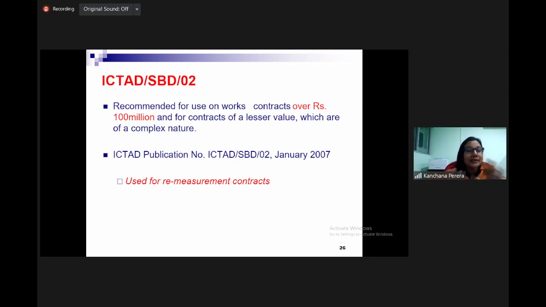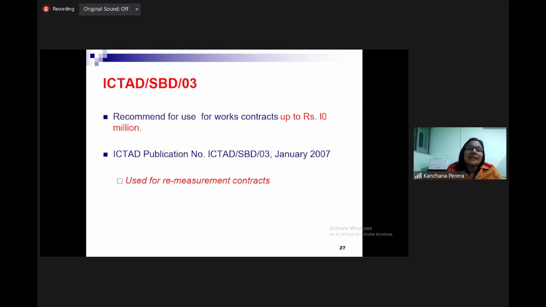But the general understanding is SBD 02 is for projects over 100 million. If part of the work is complex but less than 100 million, even in that instance we can use SBD 02. Again, used for remeasurement contracts. Then SBD 03.